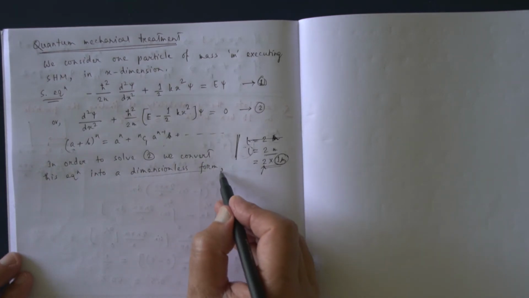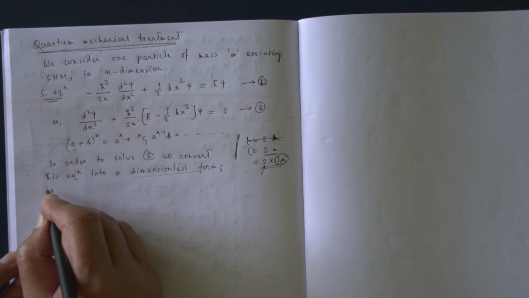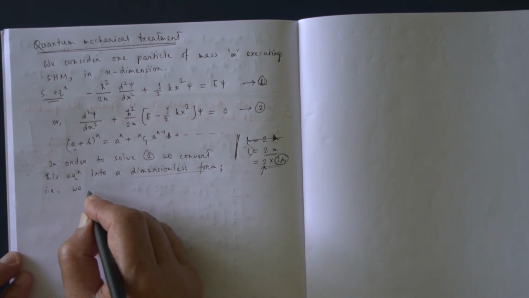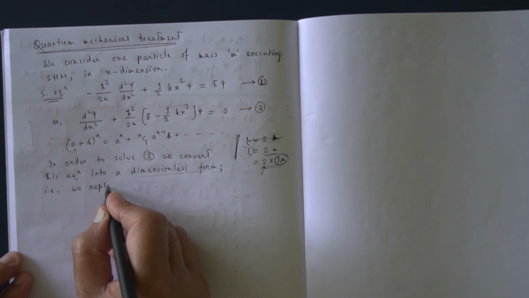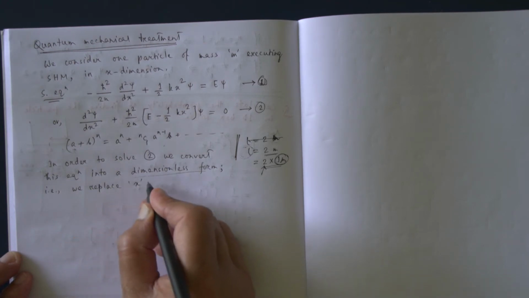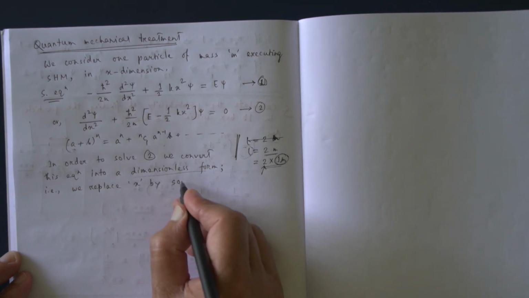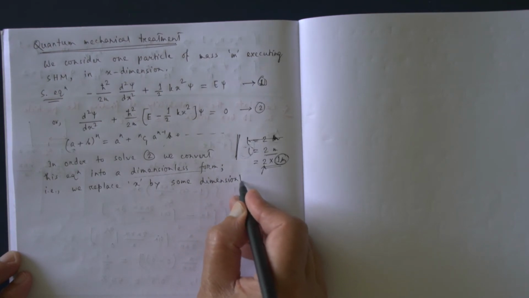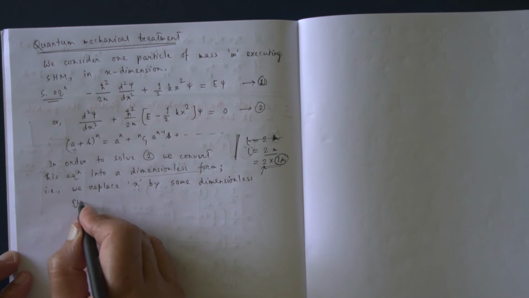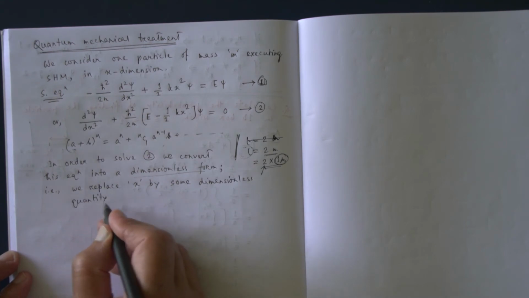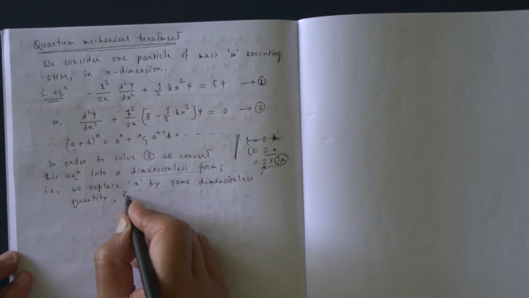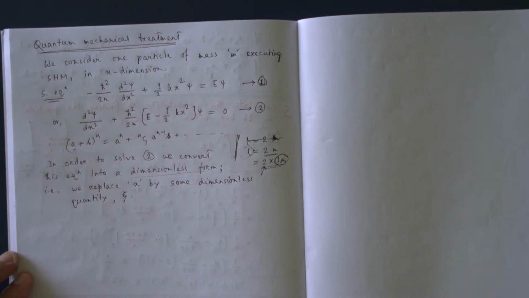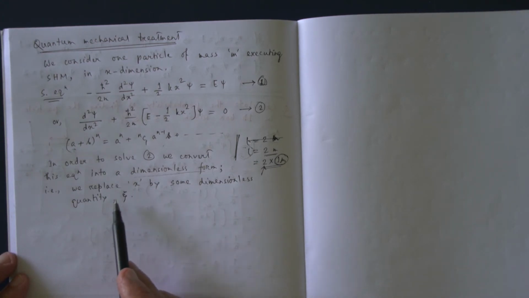That means we replace x by some dimensionless quantity, say xi. So xi is the dimensionless quantity.